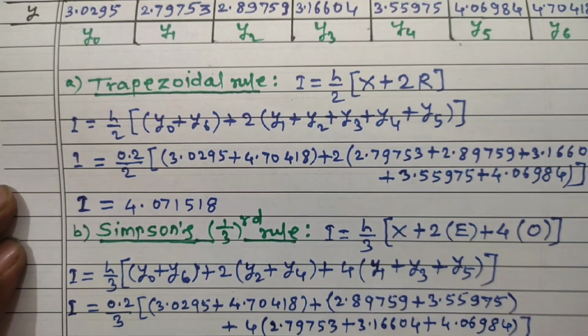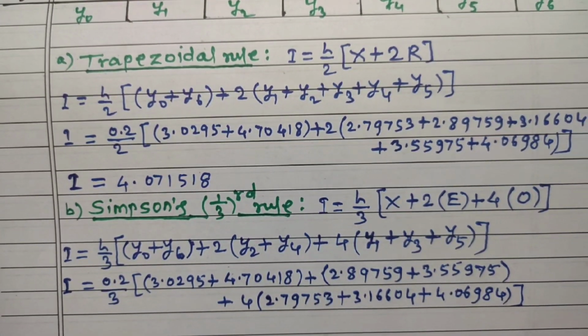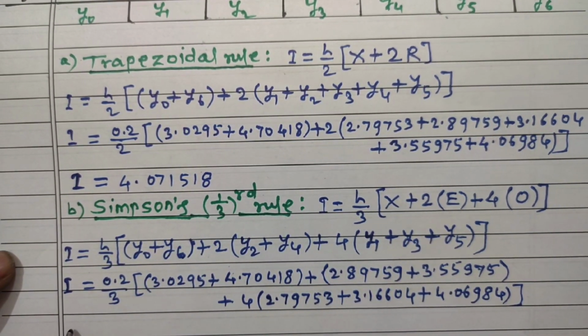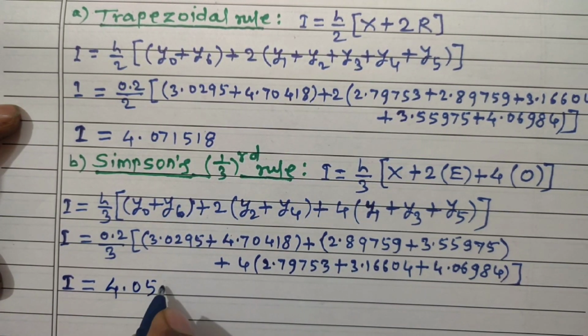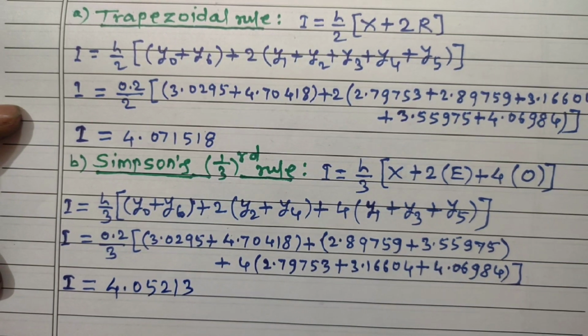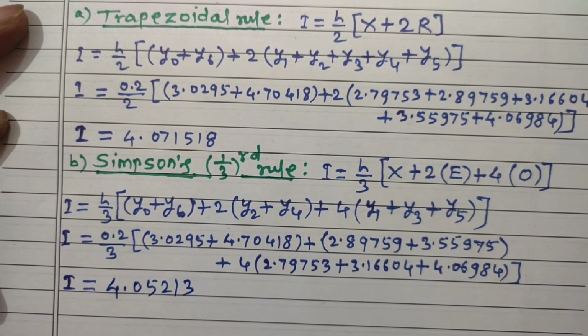Bracket close. Now use the calculator and get the value of the right hand side. Hence I is equal to 4.05213. This is the value of integral I applying Simpson's 1/3 rule.